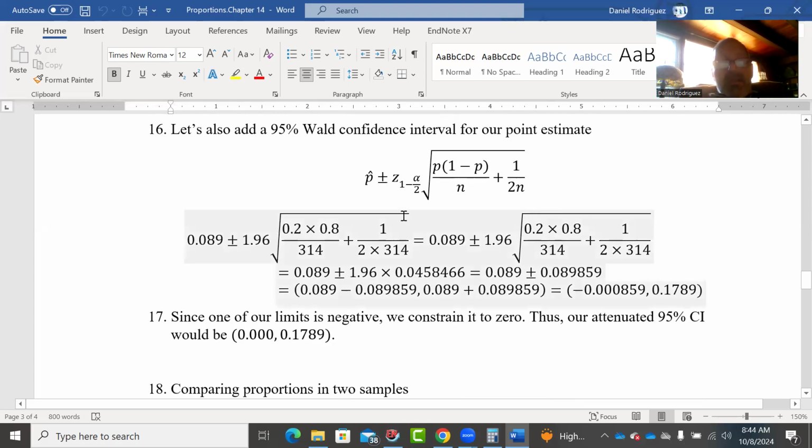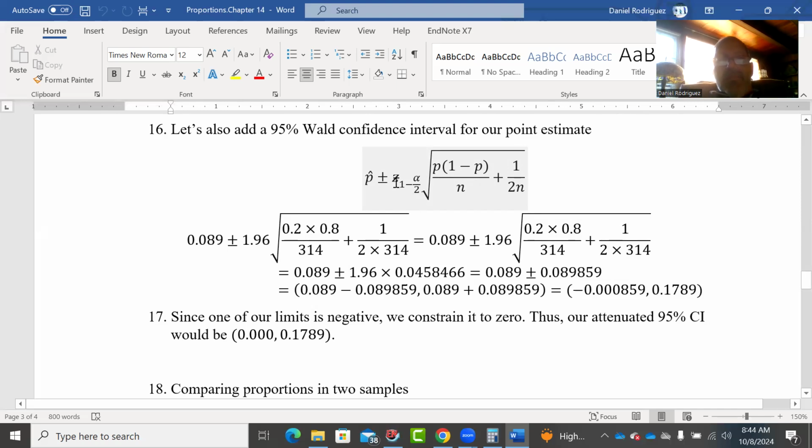So here we have this Wald confidence interval. You have your sample proportion, and then you have your margin of error here, which again includes some Z value, some cutoff points. The reason we have alpha divided by 2 is because this is a cutoff on the normal distribution, right?